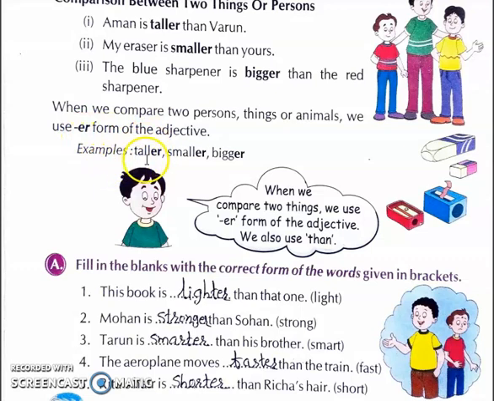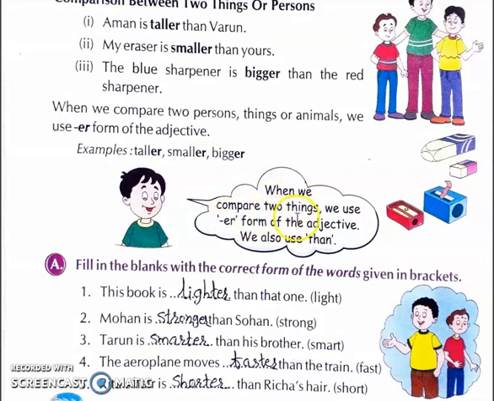These are the examples: taller, smaller and bigger. So the word is tall, ER is added. The word is small, ER is added, and the word is big, and you have to add ER. So there are certain rules for adding ER that we will see afterwards.